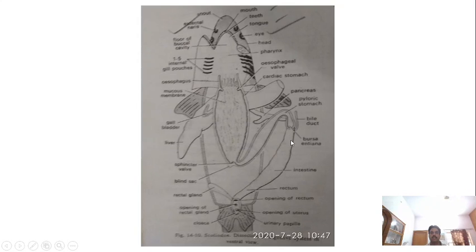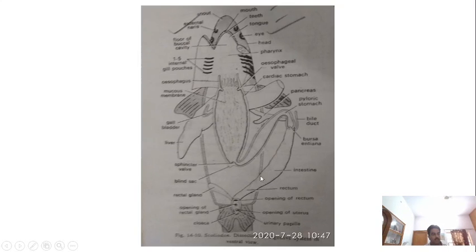It is present in the intestine, a unique characteristic of Scoliodon, which helps in absorption by increasing the surface area. So the important structure in the intestine is the spiral wall, which helps increase the surface area for absorption of food.